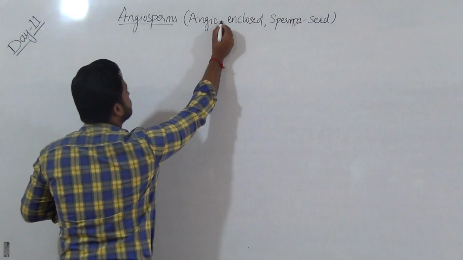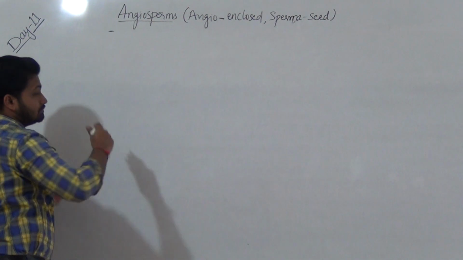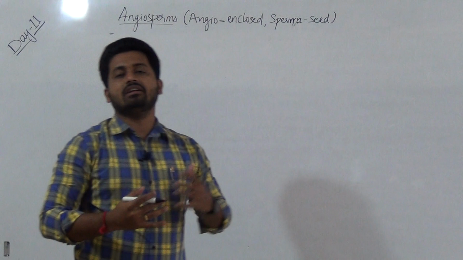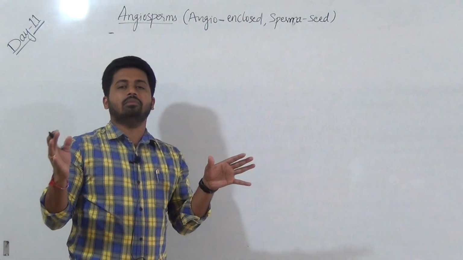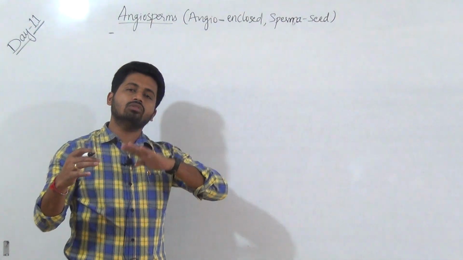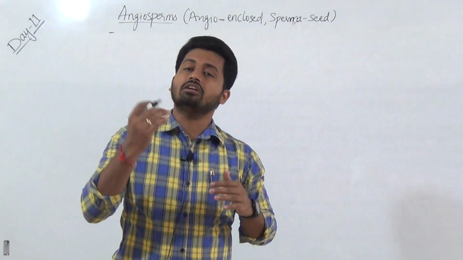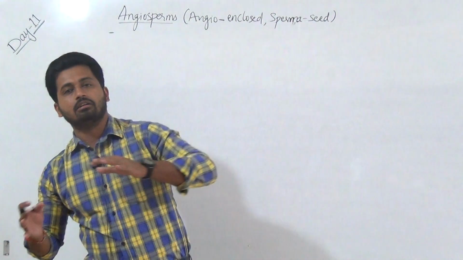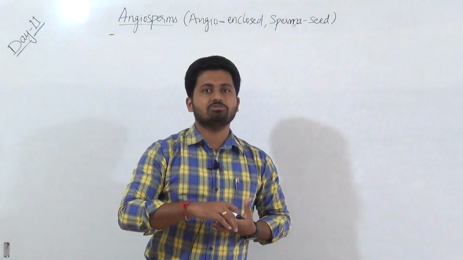Now this is the most advanced plant group with a wide range, meaning they are found in all types of habitat, not only in water. They grow on land surface, water surface, salty water, desert land, and they also grow on different plants, which we call the parasitic group.